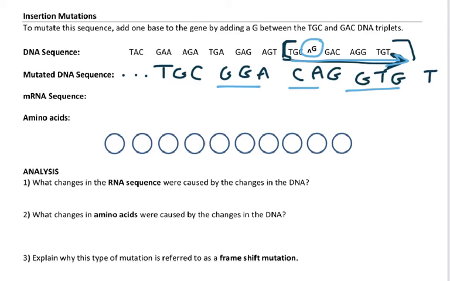Notice how this is going to then affect the 4 amino acids at the end of your polypeptide. How many color changes are you going to see? Answer the analysis questions that follow.